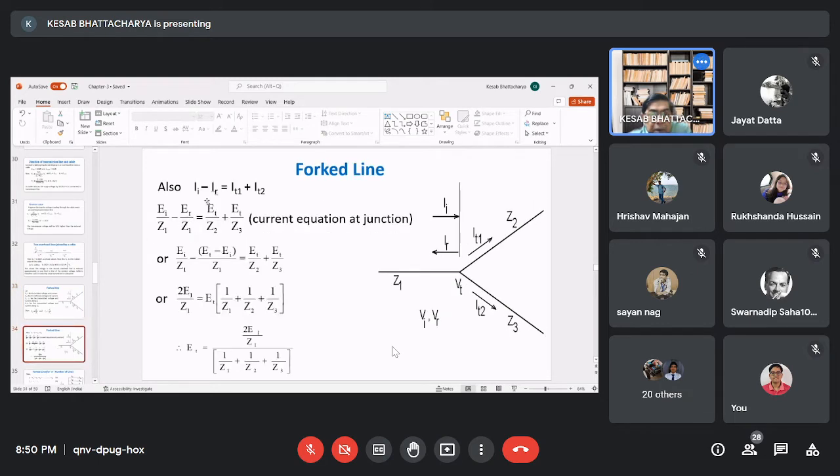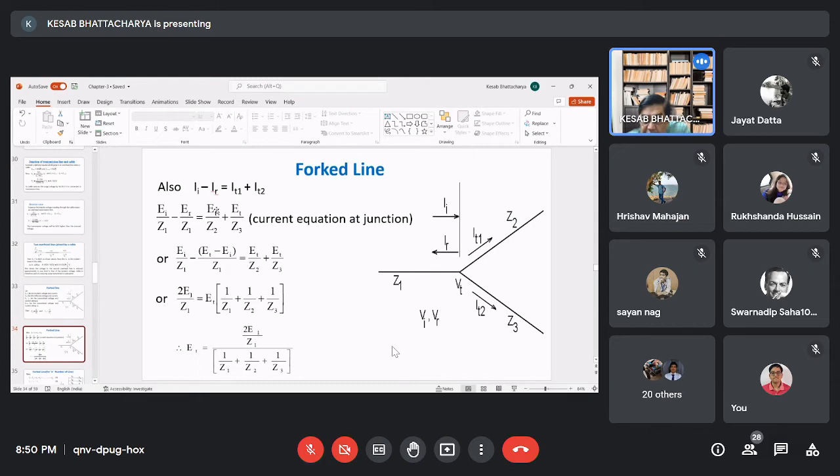Therefore, we also know IT is equal to II minus IR. And here IT is nothing but the sum of the two transmitted currents, IT2 plus IT3. And II can be written as EI by Z1 minus ER by Z1.